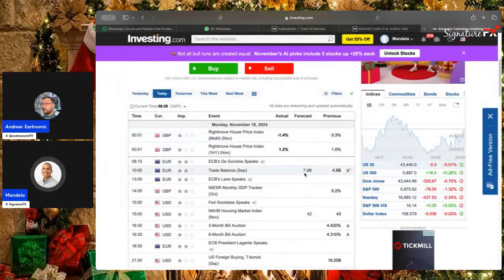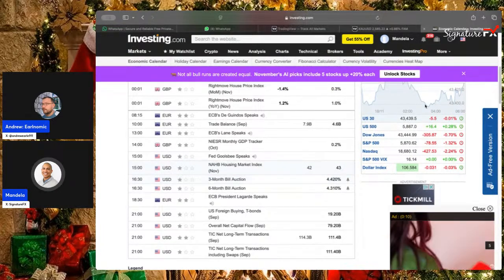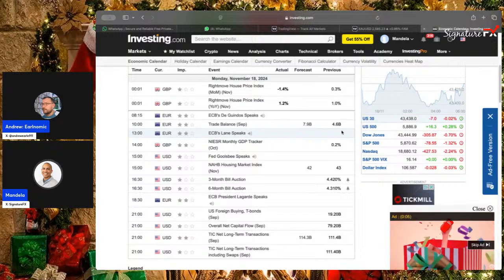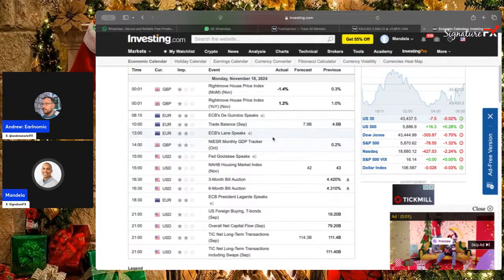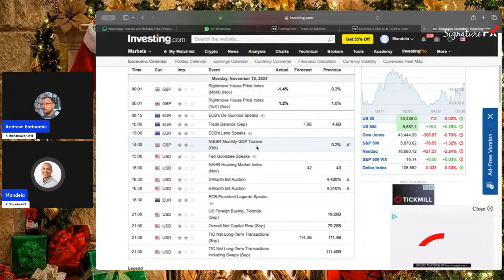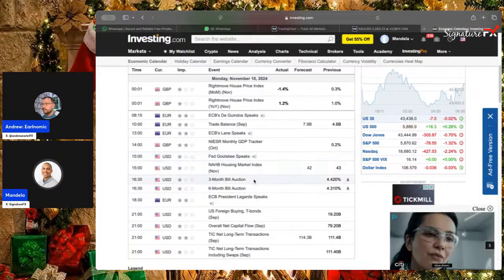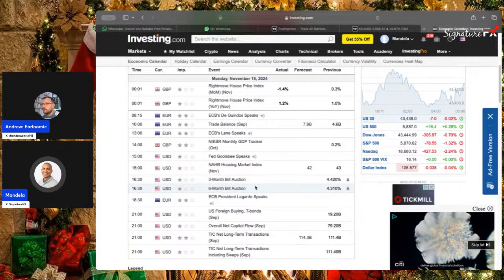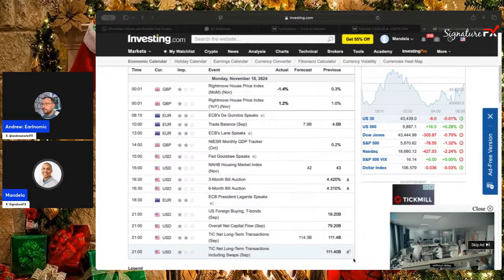So for today, we have nothing major, I guess, is the short answer. Just a little bit of European speeches, trade balance, and as we get into the US Open, we have some Fed speaking, and the 3-month and the 6-month Treasury bill auction. And that's more or less it for today.